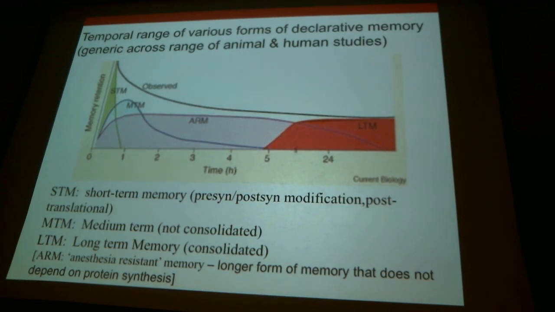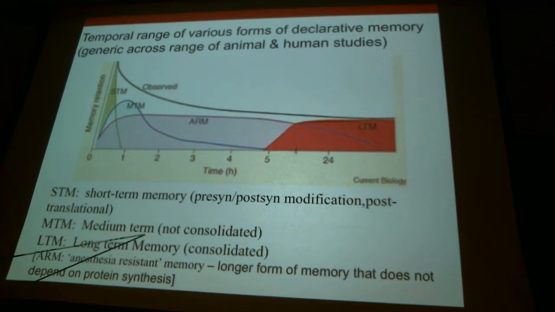So there's a level called medium-term memory. There's this idea that long-term memory is something that's, quote-unquote, consolidated. We'll talk a little bit about what that means. Versus medium-term memory that's not consolidated. And then there's this middle memory here that I think mostly comes from the fly research that we're not going to touch on at all today.